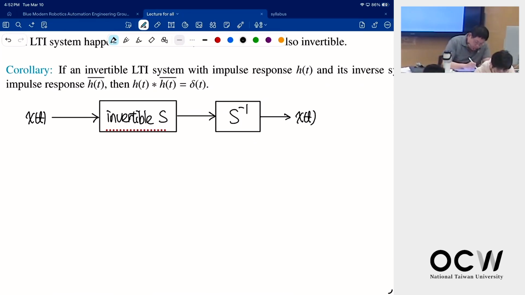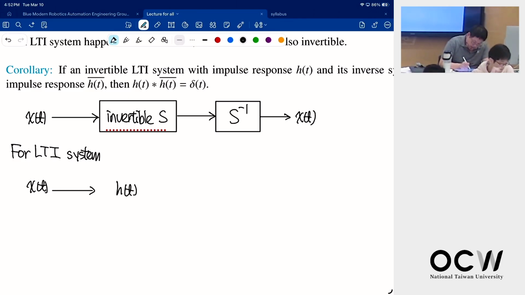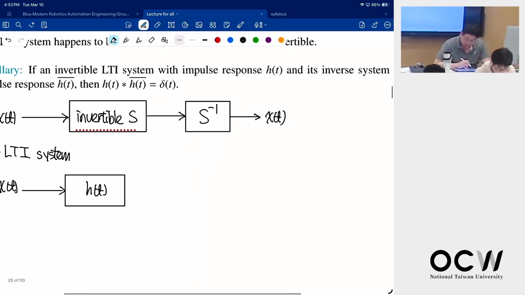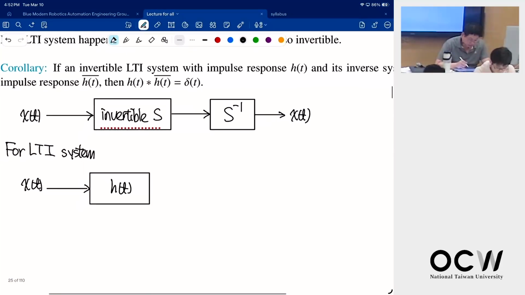So for LTI system, x, I send it to h, and suppose we have the inverse system with an impulse response, that's h bar.